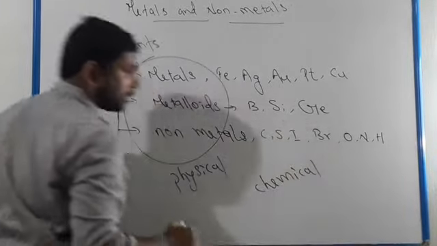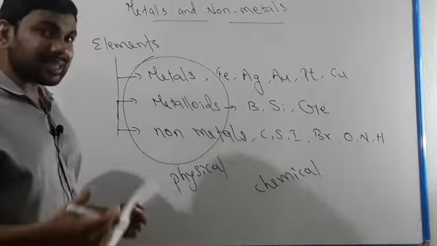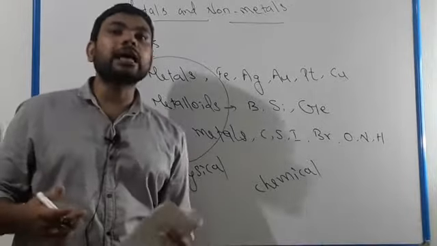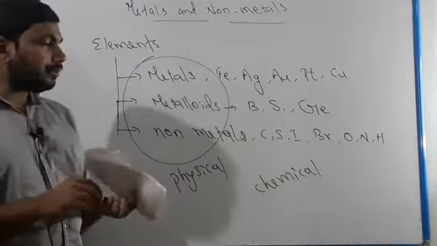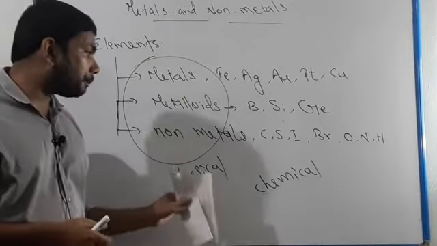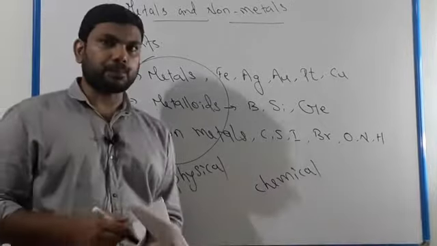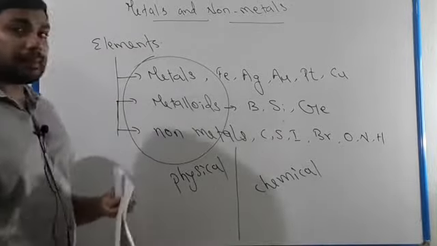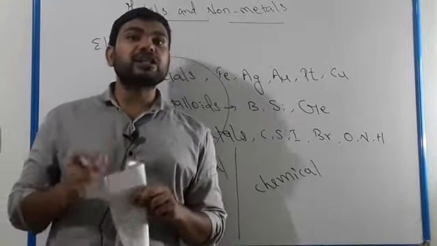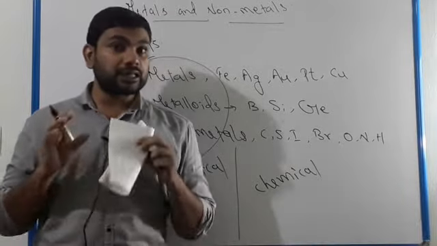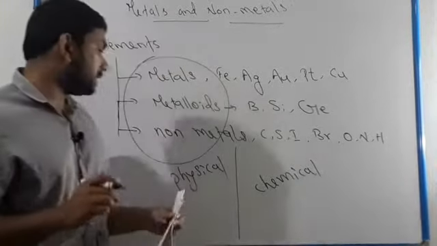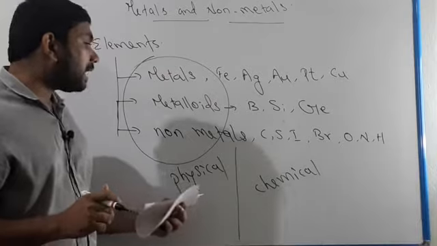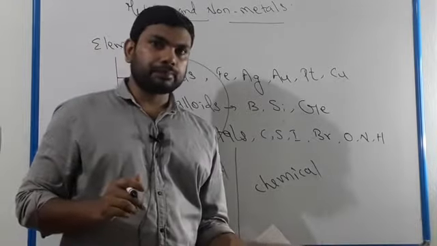We will observe what type of properties these elements show. Elements show two different types of properties: physical properties and chemical properties.